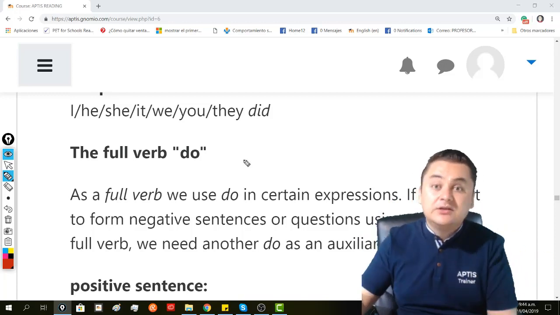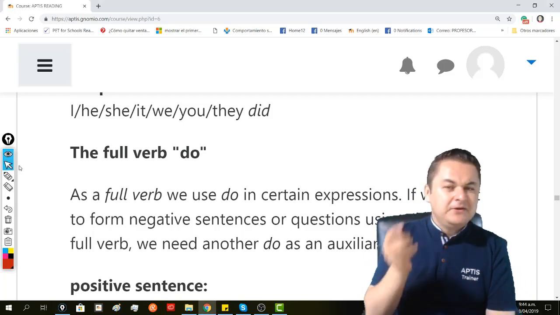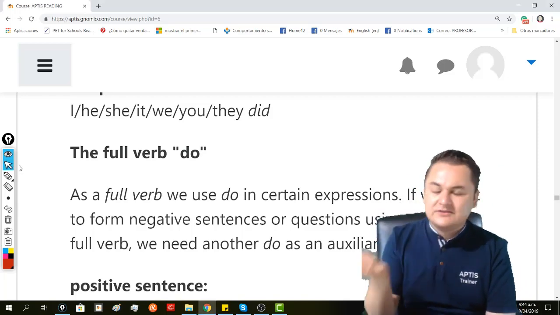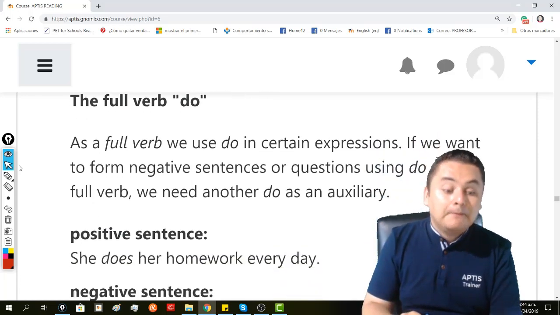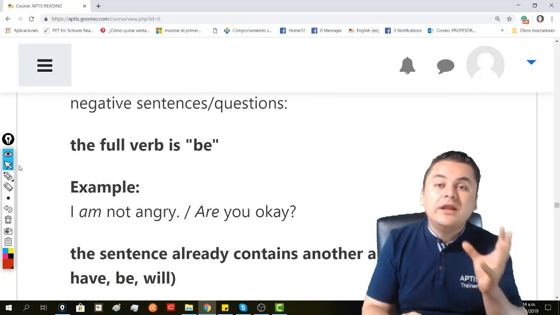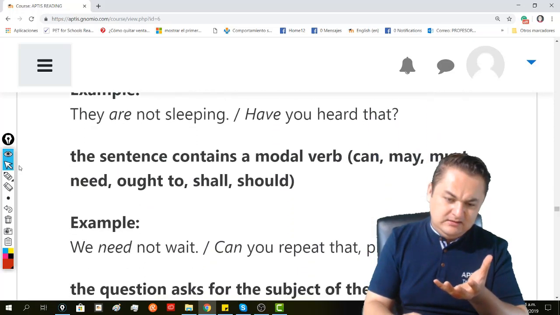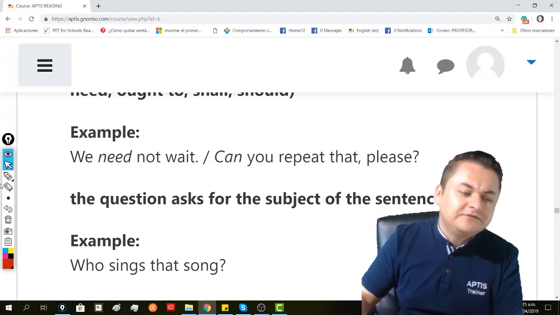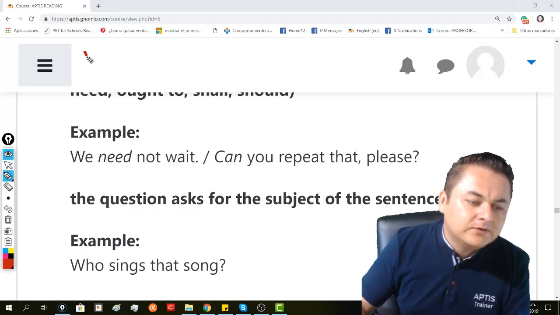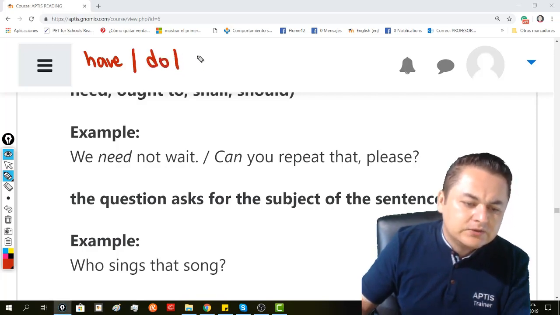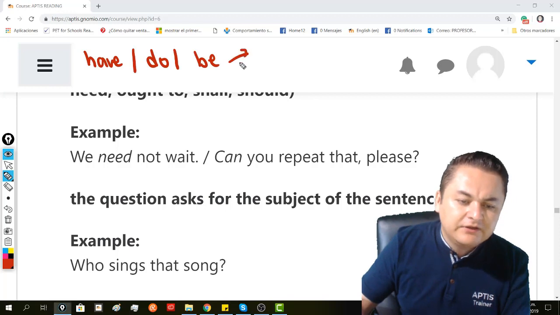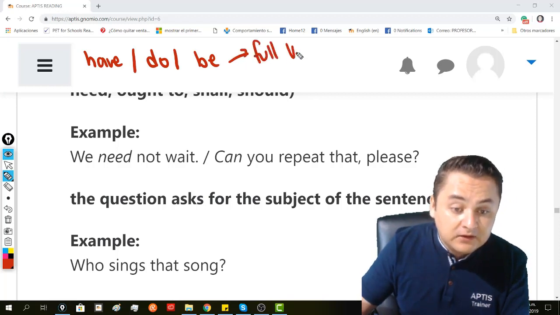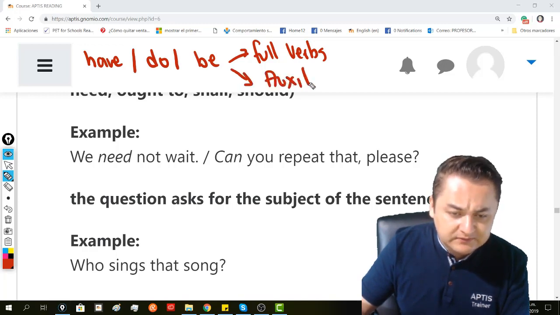This is what I want you to understand. Maybe you have studied these verbs in the past. I am pretty sure you have. But this is the concept I wanted you to understand. The three verbs that we're using here have two different forms. I can use have, I can use do, I can use be as either full verbs or as auxiliary verbs.